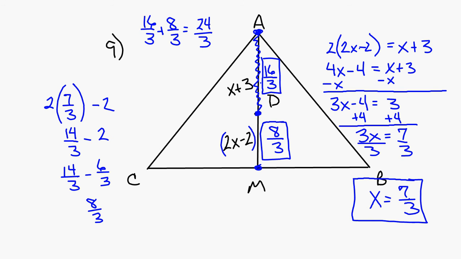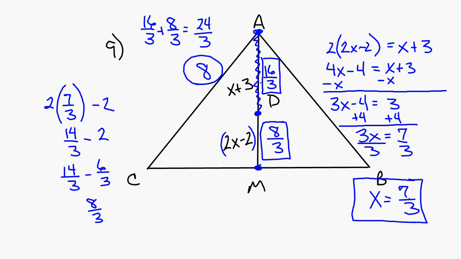And 24 divided by 3 is equal to 8. A lot of work. It's a coincidence, because x plus 3 doesn't equal 2x minus 2. They're not equal to each other.